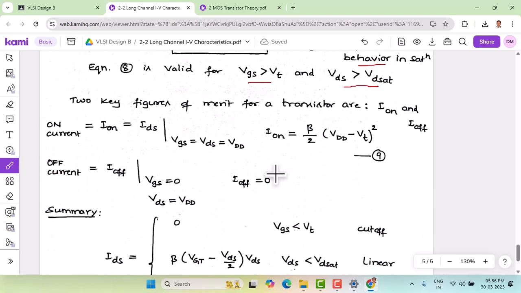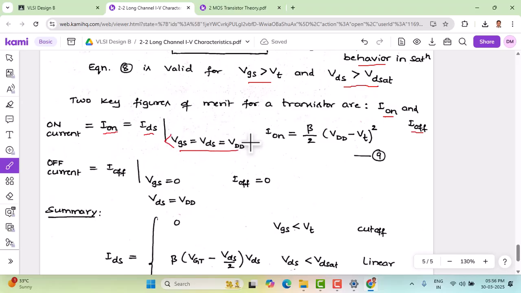Now we'll proceed with the two key figures of merit of a transistor: one is the current flowing in the on transistor, and the other is the current flowing in the off transistor. Let us first find the on current. When the transistor is turned on, the current flowing through it is I on, which is equal to IDS, under the conditions VGS equals VDS equals VDD.